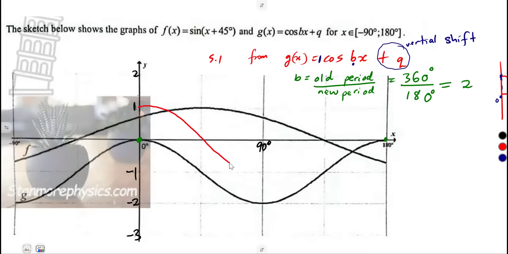I'm supposed to maintain that stretch part like this, because we are not working with the original y is equal to cos x. We are not working with y is equal to cos x because of the bx here, the 2. It is affected.